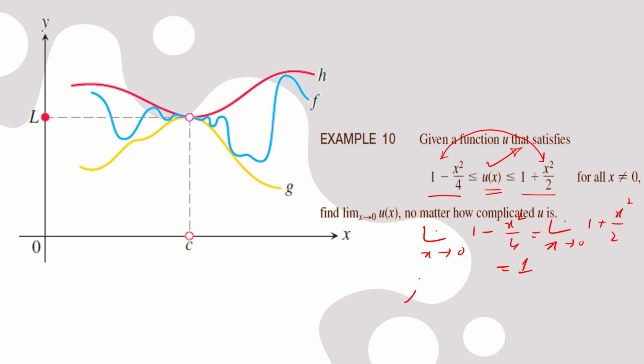So if you have any complex function for u of x, its limit will also be equal to 1, whatever its form, as long as it satisfies the condition that it lies between these two functions.